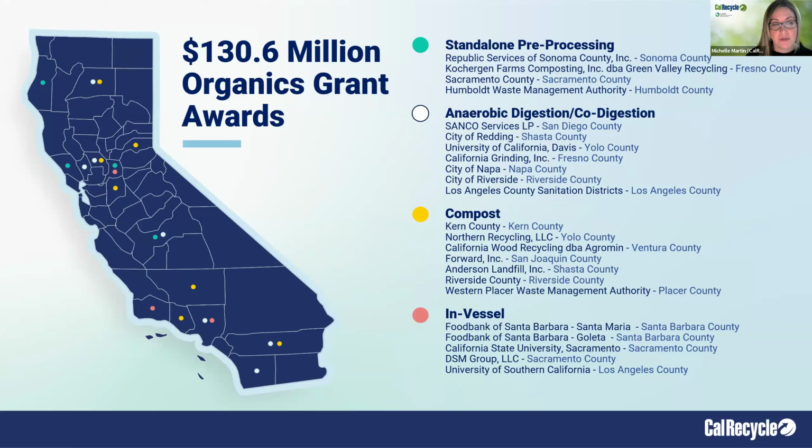There were 7 compost projects, 7 anaerobic digestion co-digestion projects, 4 standalone pre-processing, and 5 in-vessel projects. As a result of the projects recommended for award, 7.7 million tons of green and food material will be diverted from landfills, a reduction of 2 million metric tons of carbon dioxide equivalent in greenhouse gas emissions, and 114 jobs will be created. Thank you so much, and please let me know if you have any questions.